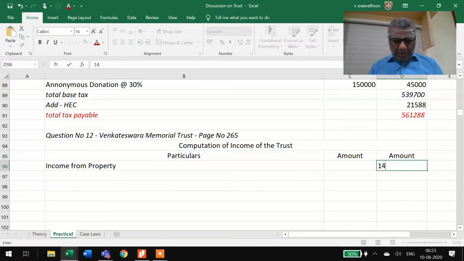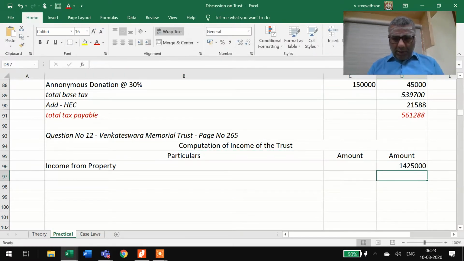Let me work with small amounts only. Let me work in absolute values.